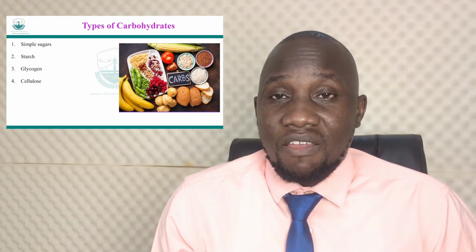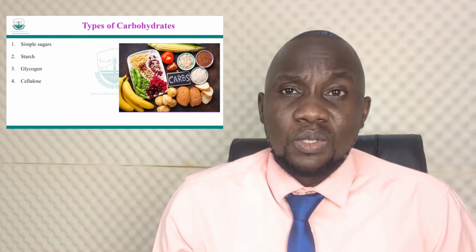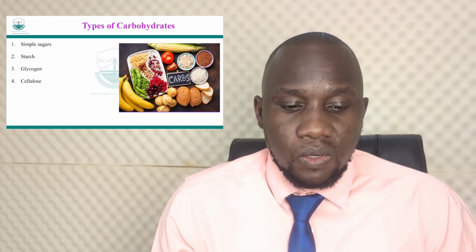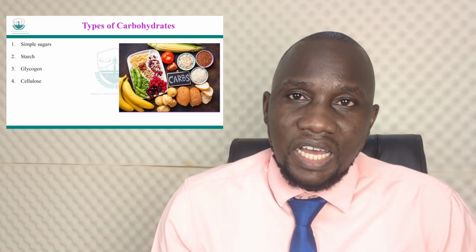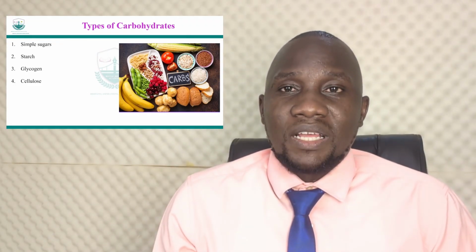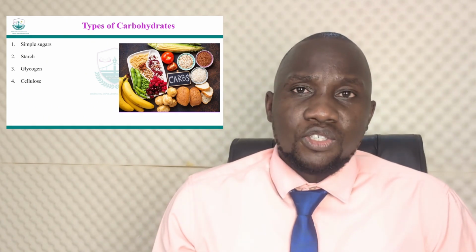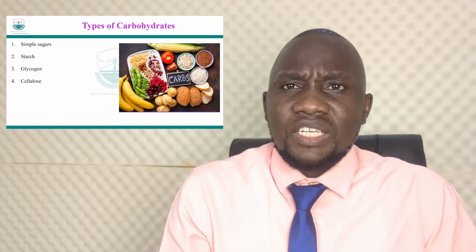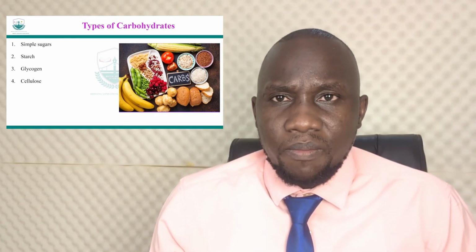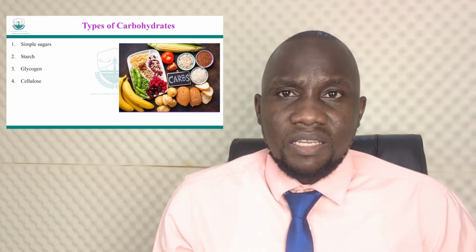So carbohydrates are diverse. There are many carbohydrates, those that are simple, those that are complex. Those that are complex include cellulose, glycogen, and starch. Those are complex sugars, or basically complex carbohydrates. And then simple sugars are those that you don't need to hydrolyze further to break them down to produce energy.